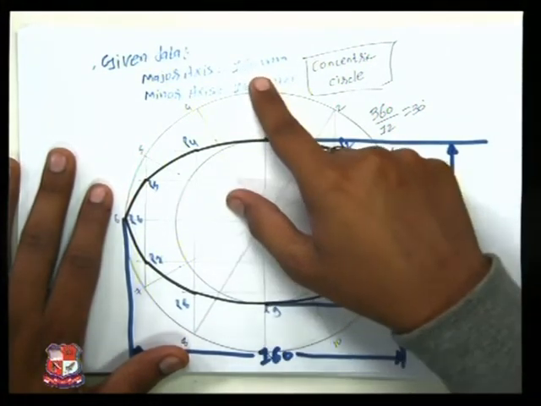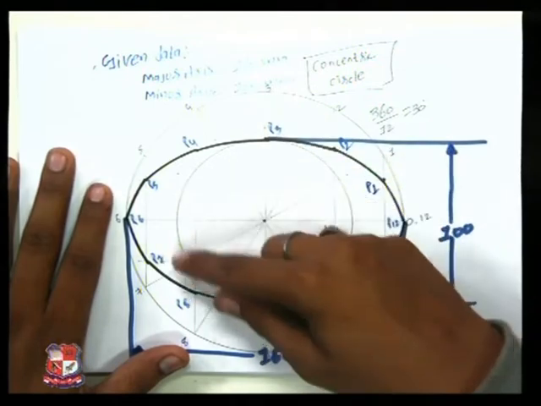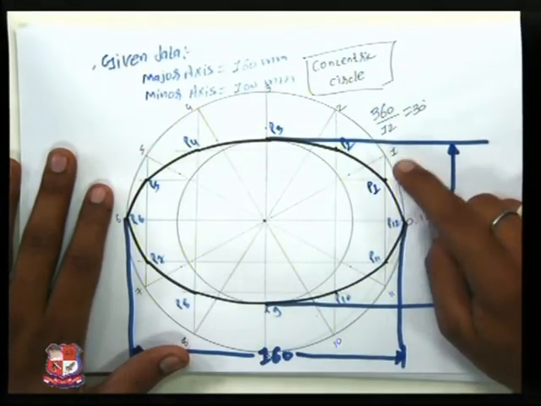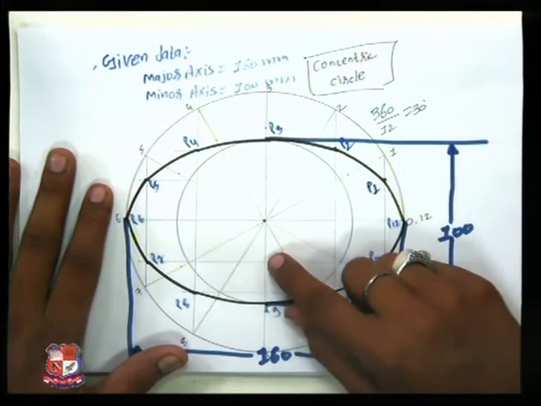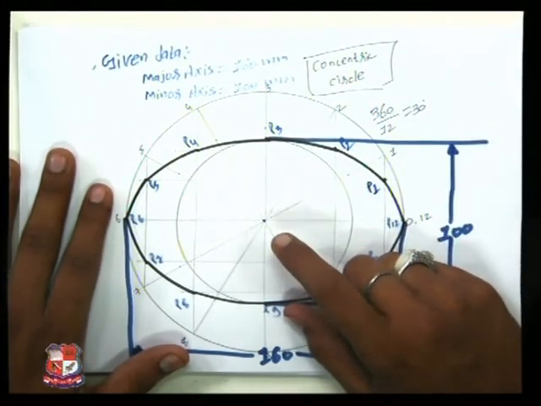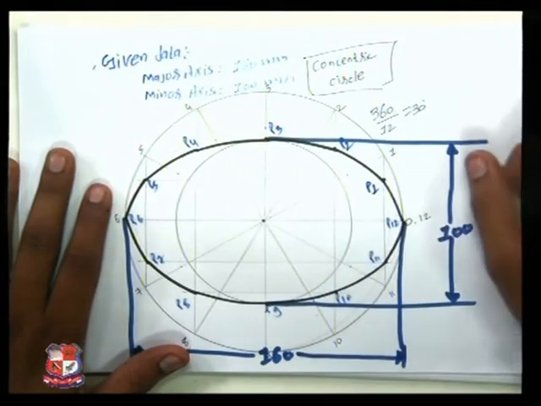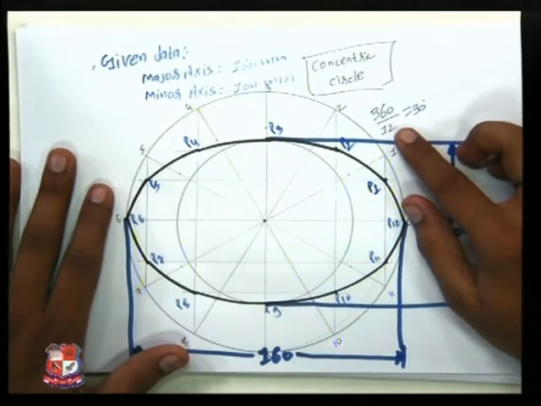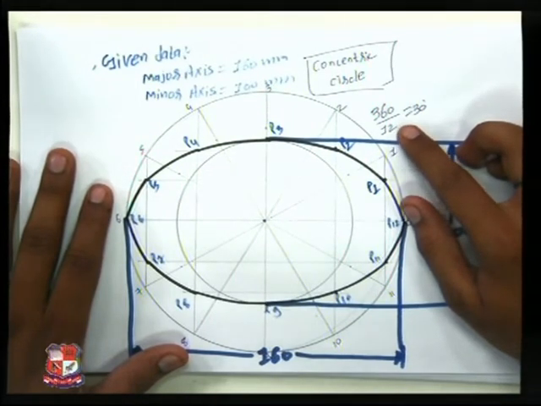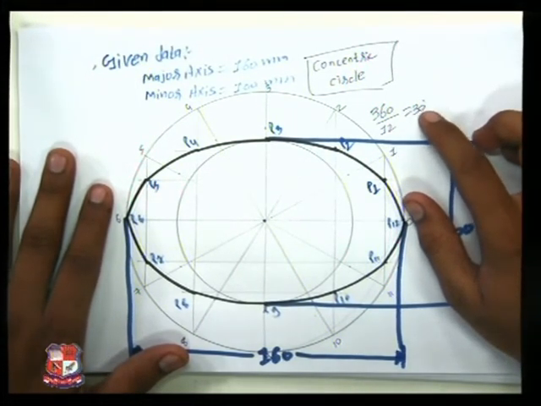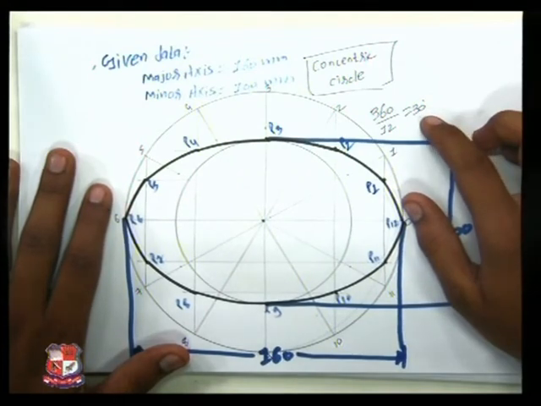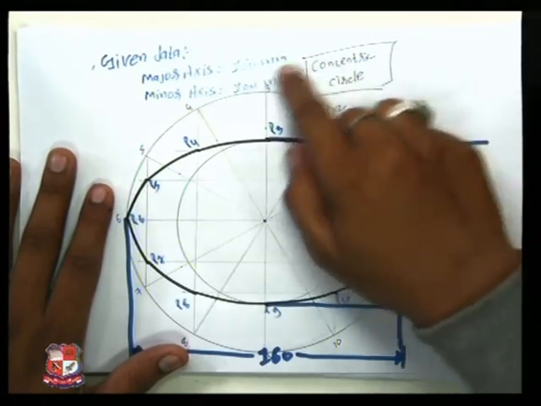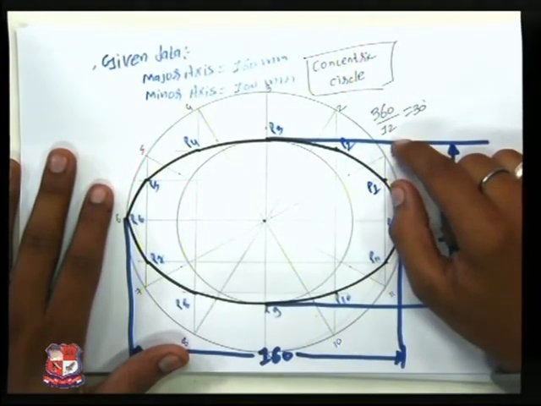Major axis has been given as 160, so we have taken radius of 80 mm for the outer circle, and for the inner circle we have taken the radius of 50 mm. Now we have divided those two circles into 12 equal parts, which means 30 degrees division on each side. We have got 1 to 12 points on the periphery.